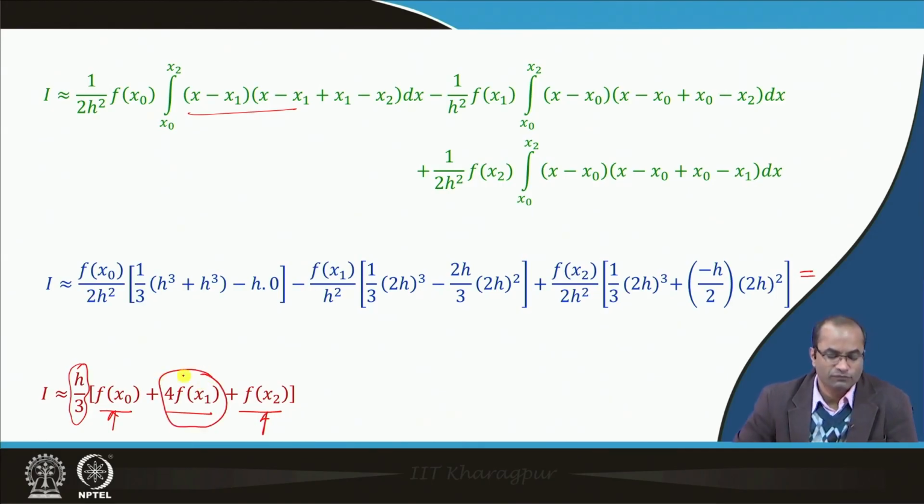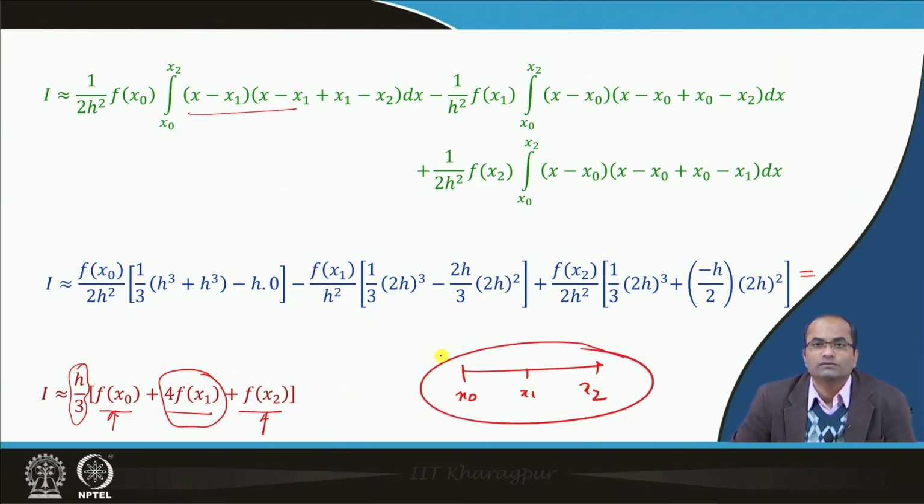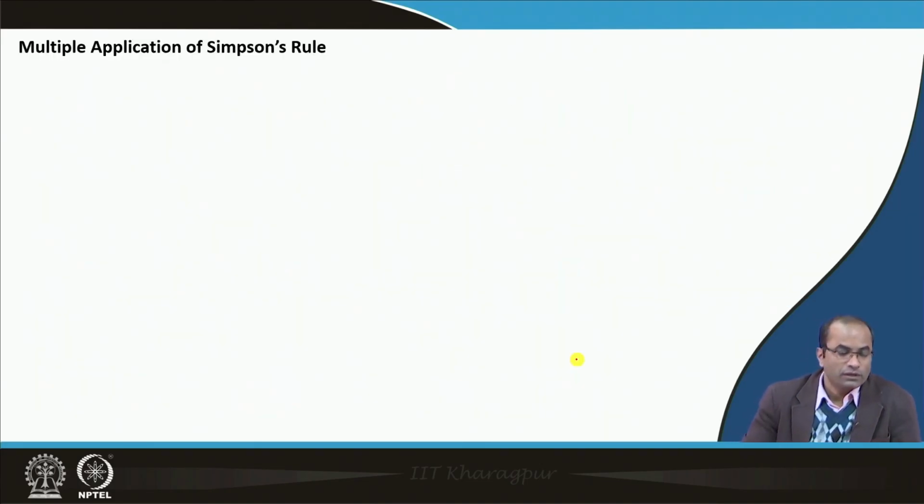There should be at minimum these 3 points, or 2 intervals, x naught, x 1 and x 2, to apply Simpson's 1/3 rule, or any multiple of this, as we will see in the multiple application. So, we can have 2 intervals, or 4 intervals, or 6 intervals, and apply Simpson's 1/3 rule.